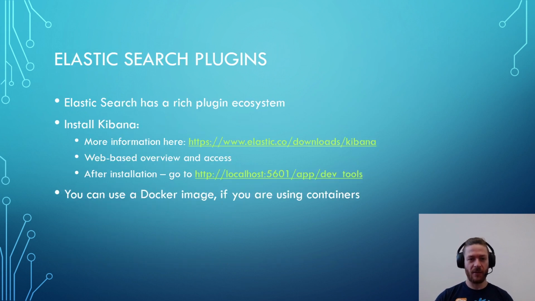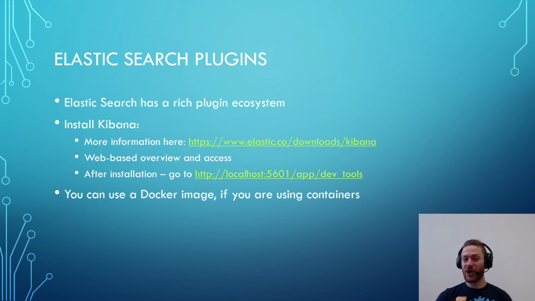But before we start using it, it's a good idea to have a good web-based dashboard to use for Elasticsearch, because currently we only have the server running, the database running, but it's a bit more difficult to take a look at what's going on inside.